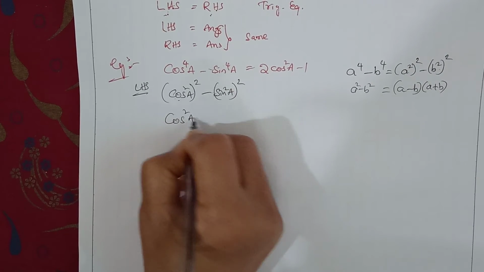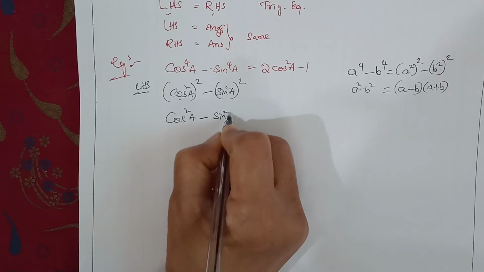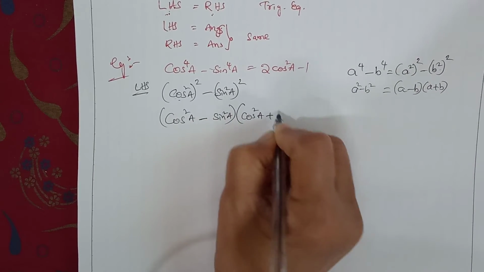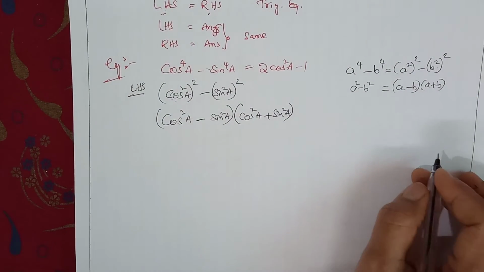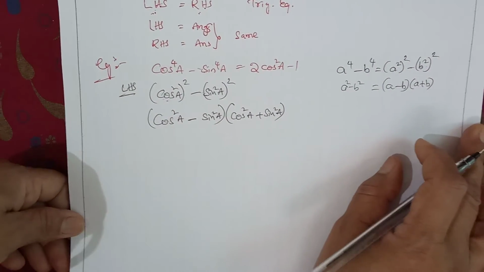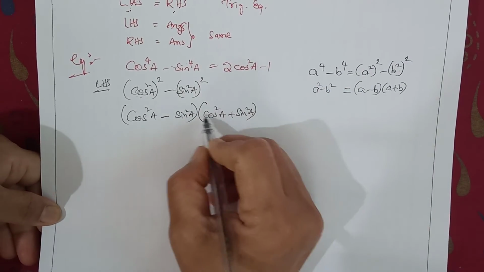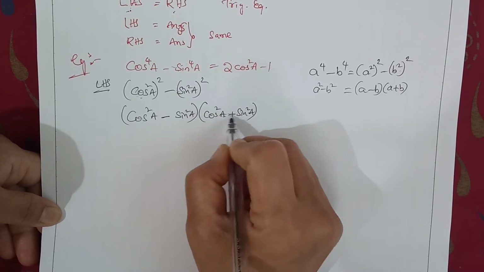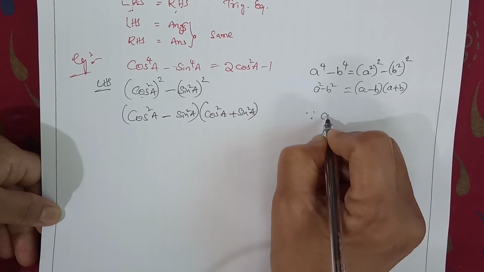Cos square A minus sin square A into cos square A plus sin square A. Okay, and in this video only, the first identity we have proved. Cos square A plus sin square A is nothing but 1.